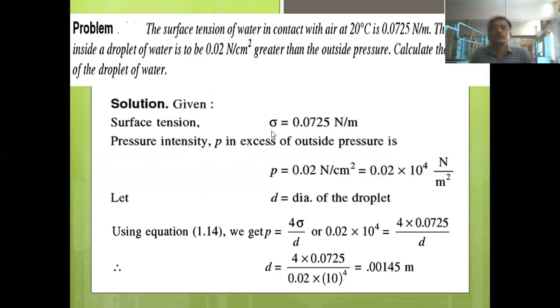Write down: the surface tension of water in contact with air at 20 degrees Celsius is 0.0725 Newton per meter.